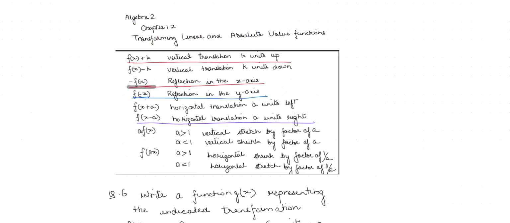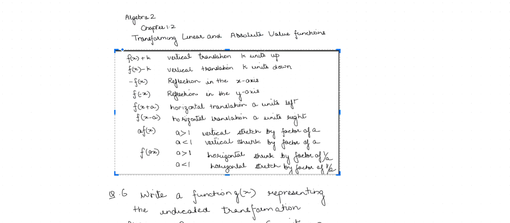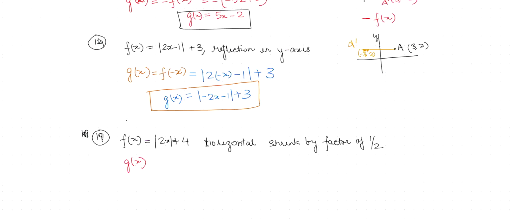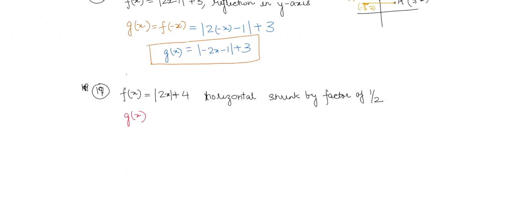So this is a horizontal shrink. Horizontal shrink here is when a is greater than 1. Horizontal shrink is by a factor of 1 by a. So when it is a shrink, we actually have to multiply. So this would be x, it is a horizontal shrink by half, so we have to multiply it by 2, plus 4.